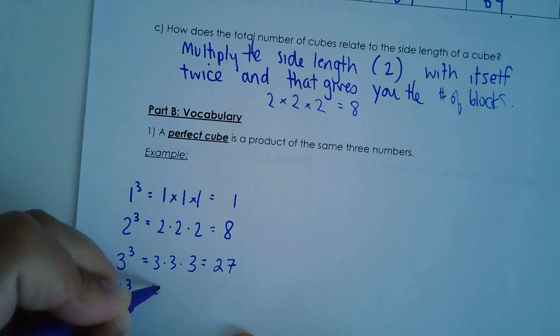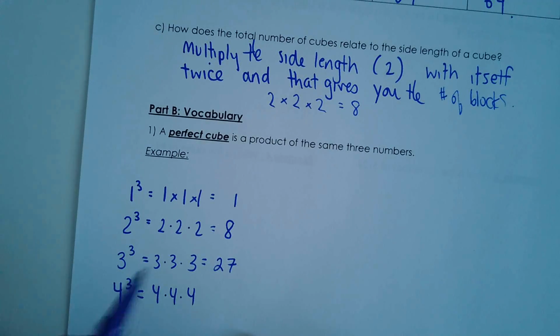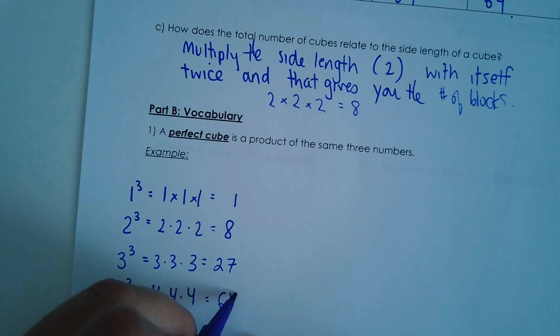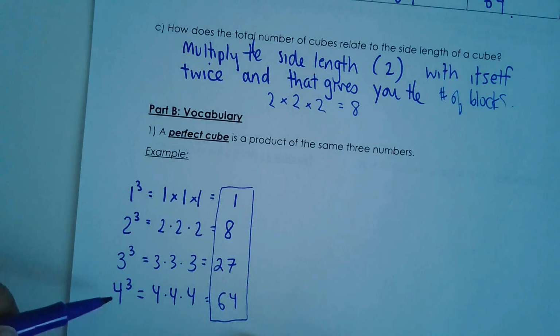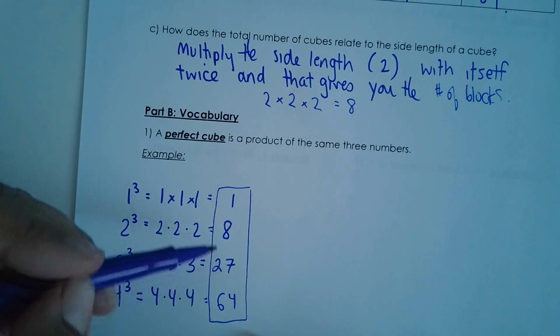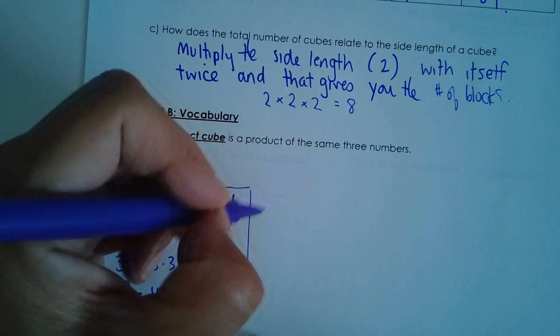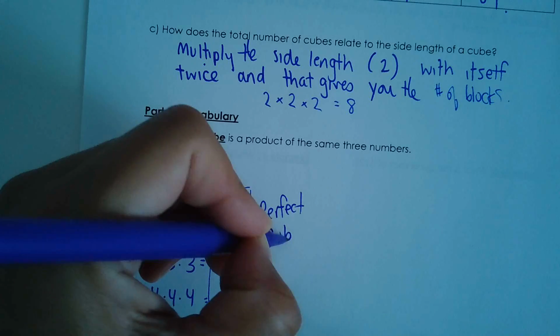And 4 cubed, so 4 times 4 times 4. We're multiplying it by itself 3 times to give us 64. So these are all numbers, and we could keep going, right? We did that with the perfect squares. We would do 4 squared, 5 squared, 6 squared, 7 squared, etc. We could keep going. And we found that these numbers here were all perfect cubes.